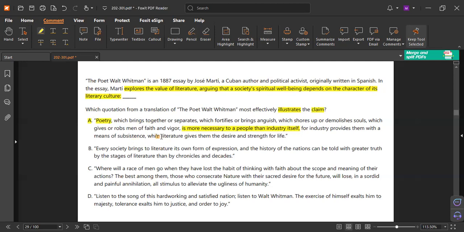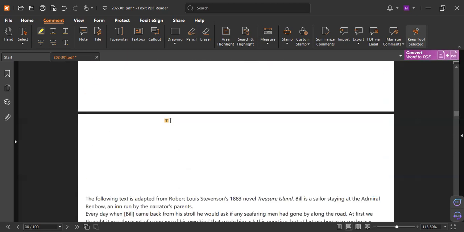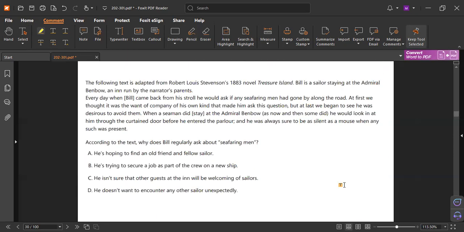But while literature, look, literature gives them the desire and the strength for life. Yeah, so society's spiritual well-being depends on literature, not industrial working hard. He believes that. So letter A support the claim. Try the next.